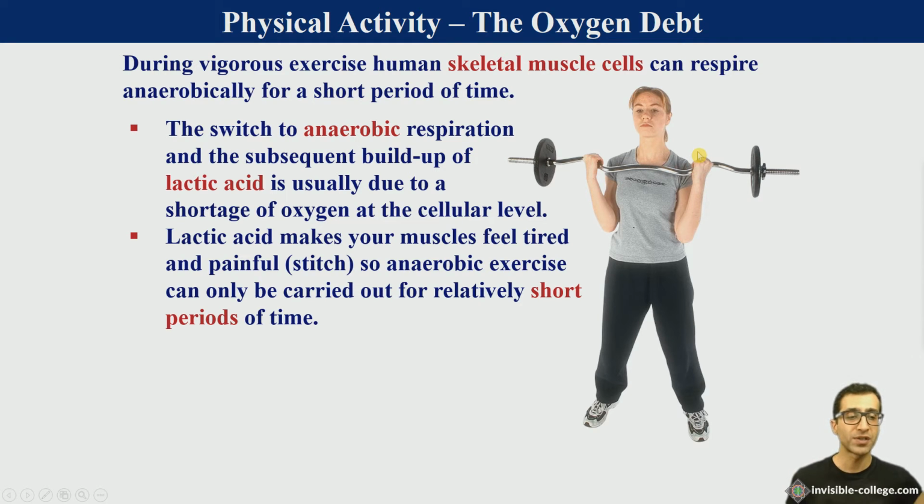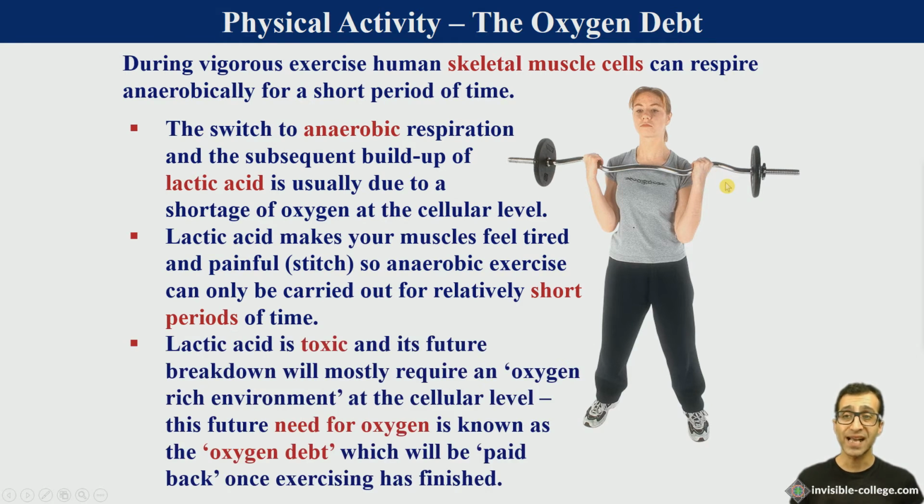Some people refer to this as the stitch which you feel in your sides if you're running. This is actually a muscle cramp which occurs as a result of the muscle not receiving sufficient oxygen to fully break down the pyruvate produced by glycolysis. Lactic acid is toxic, and its future breakdown will require an oxygen-rich environment at the cellular level.